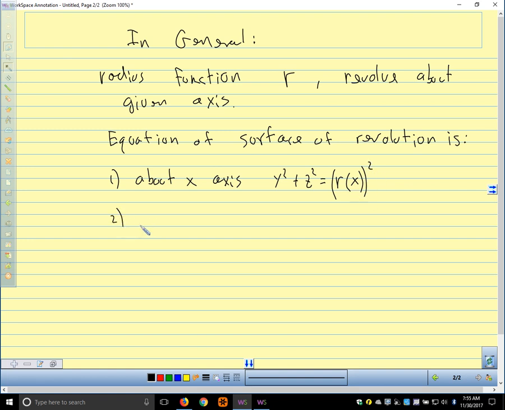If we revolve about the y-axis, we get x squared plus z squared equals r of y squared. And then we already talked about the z-axis case.